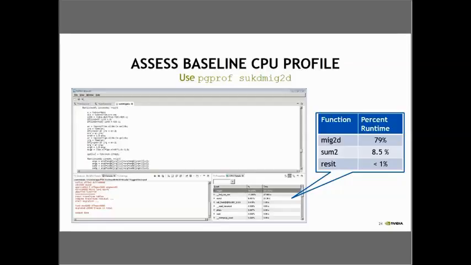So we should definitely focus our attention in the optimized section of the code on the MIG2D. So this is kind of giving you an idea of what it's like for profiling and determining where the critical regions are.